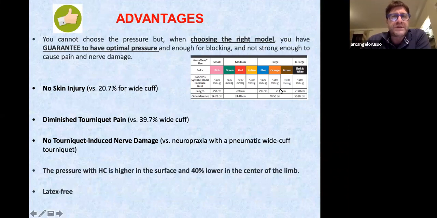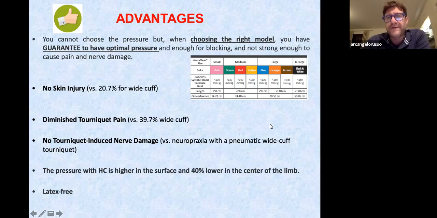You cannot choose the pressure, but when choosing the right model, you have a guarantee of an optimal pressure, enough for blocking the bleeding and not strong enough to cause pain and nerve damage. As you can see, there are a lot of colors.